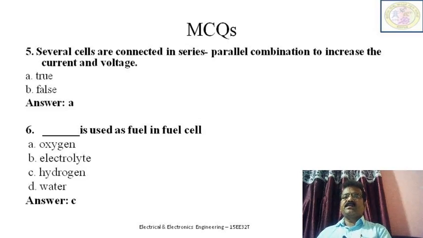Sixth one, dash dash is used as a fuel in fuel cell. A, oxygen, B, electrolyte, C, hydrogen, D, water.